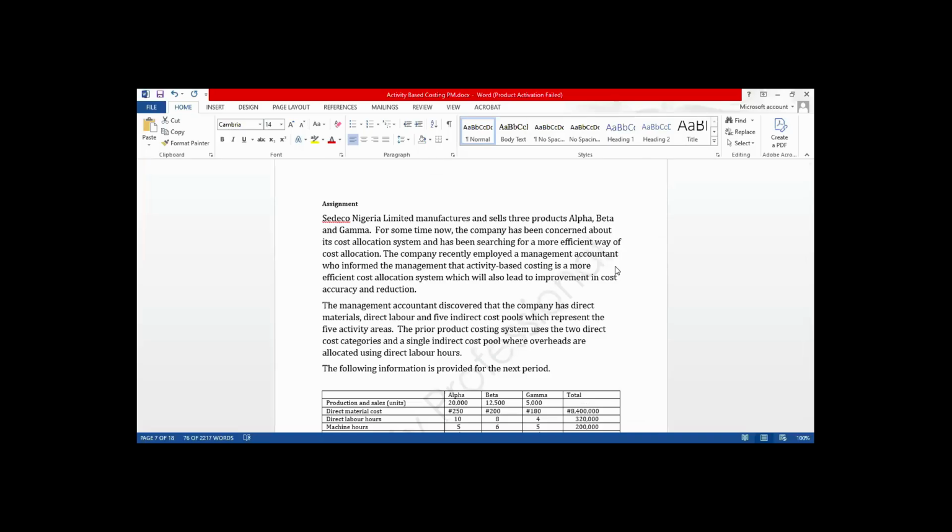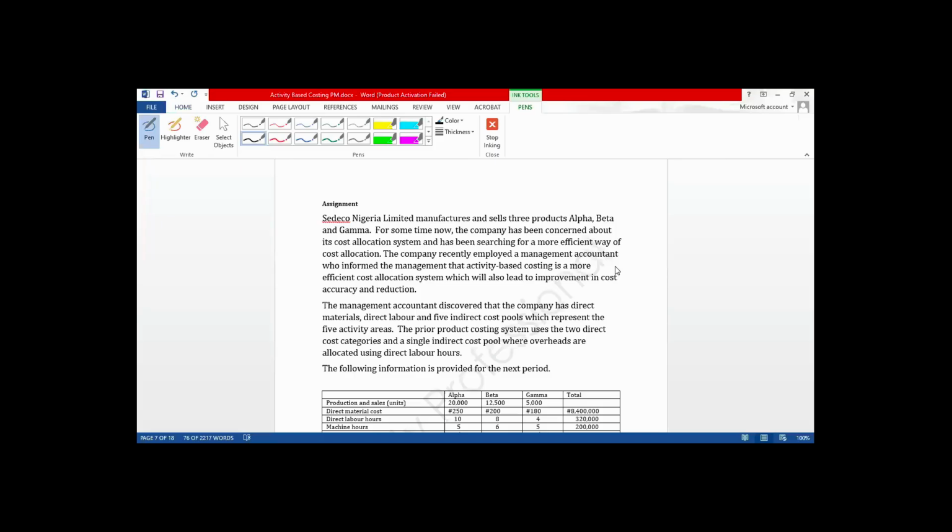The company has been searching for a better cost allocation system. The company recently employed a management accountant who informed the management that activity-based costing is a more efficient cost allocation system, which will also lead to improvements in cost accuracy and reduction.